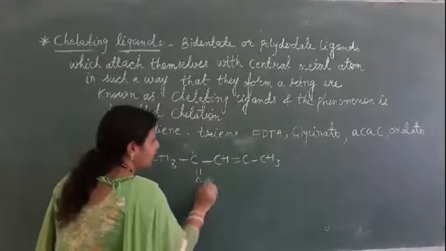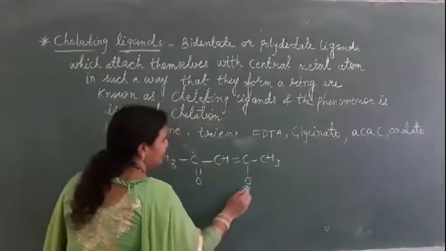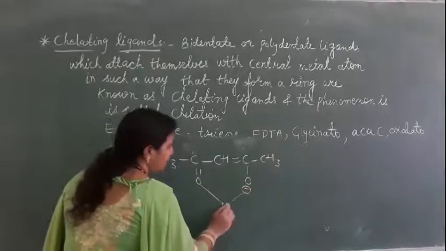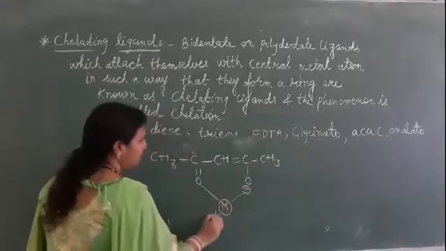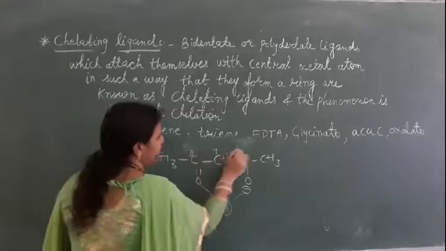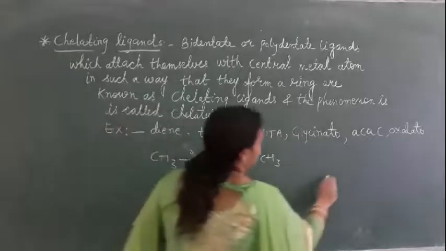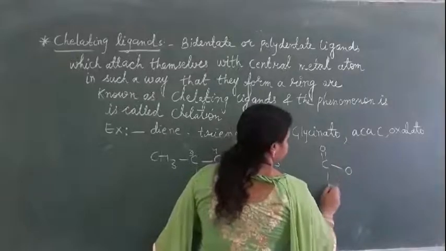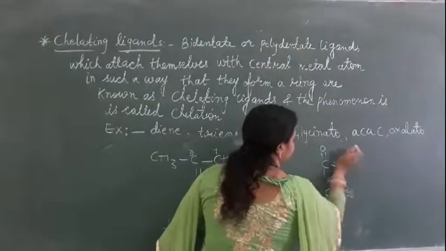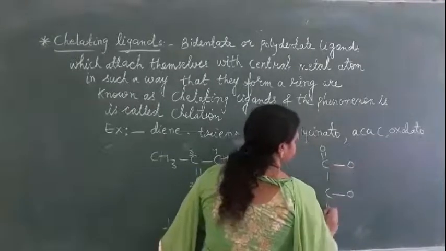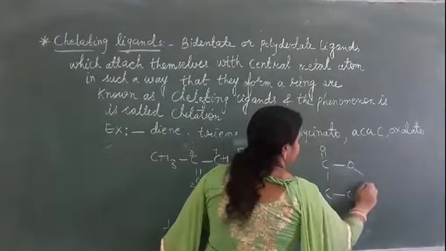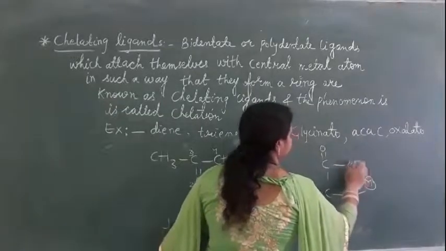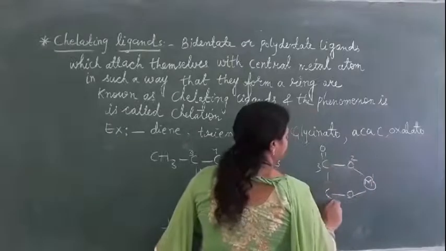So C double bond O and CO minus form how many members in the ring? 1, 2, 3, 4, 5, 6-membered ring. And here we have our oxalato.